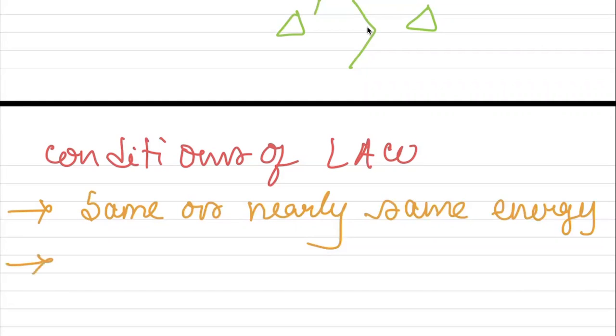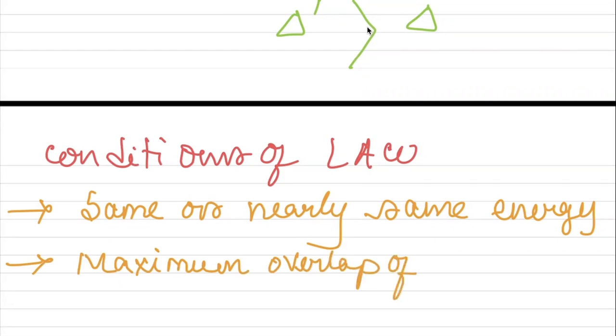Then maximum overlap of the combining atomic orbitals. That means linear combination is possible between the orbitals where maximum overlap will take place.